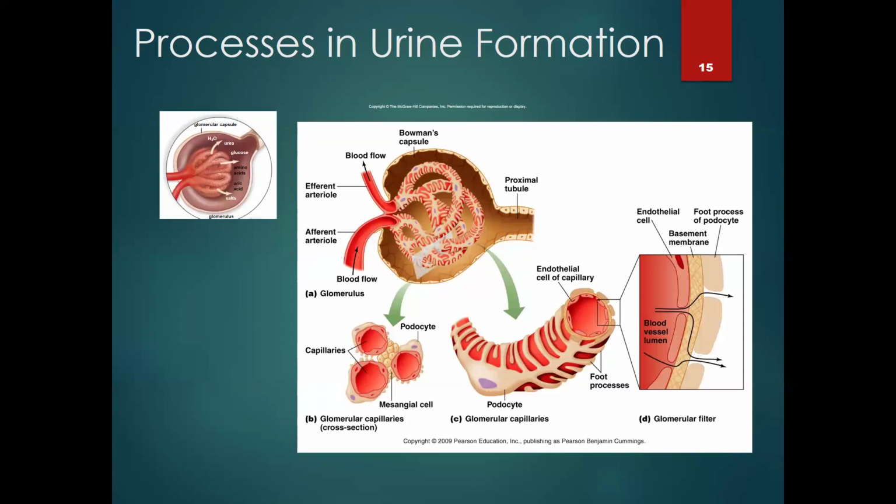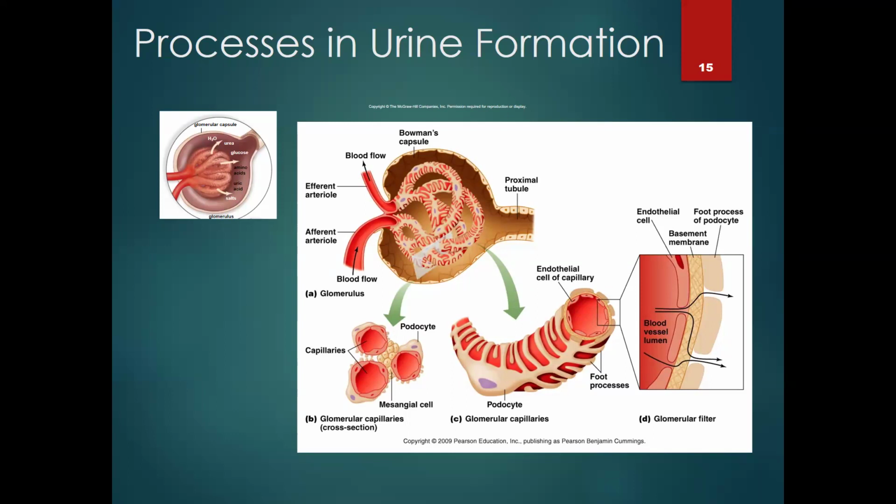But remember, if these cells are damaged so that this area doesn't have that sieve property to keep the red blood cells in anymore, they will go into the urine. But basically, all that blood comes in from the arteriole, and therefore it's oxygen rich blood.